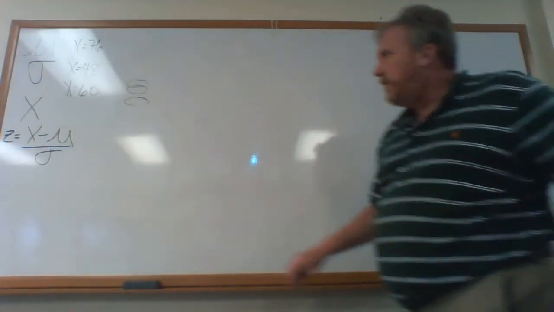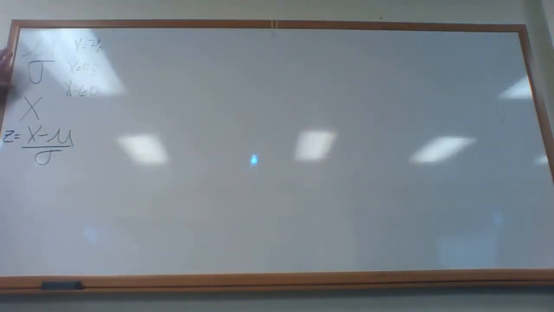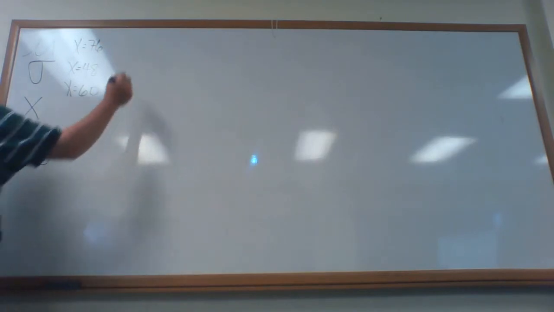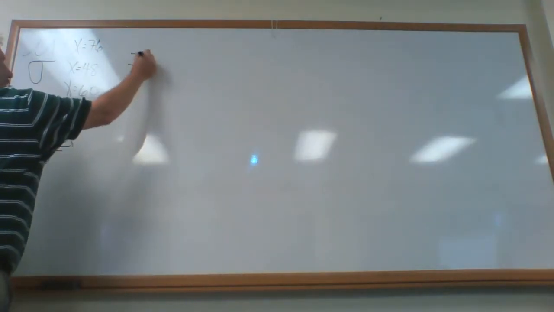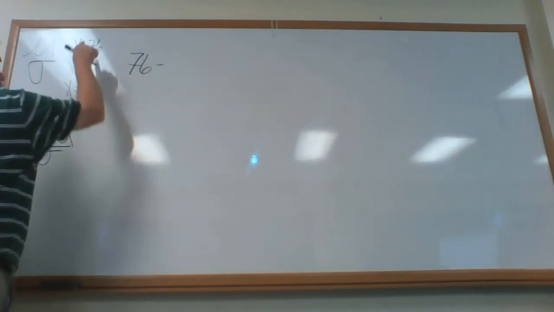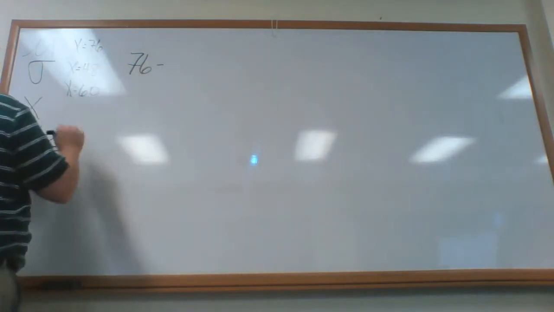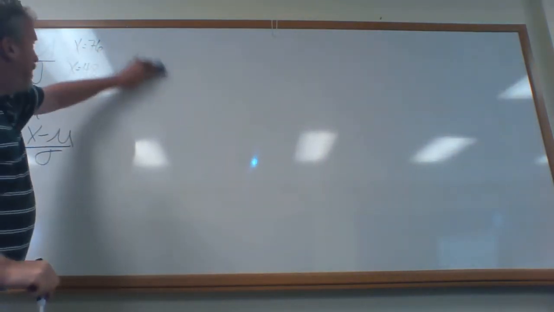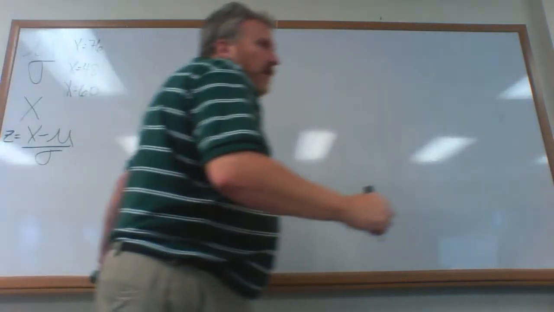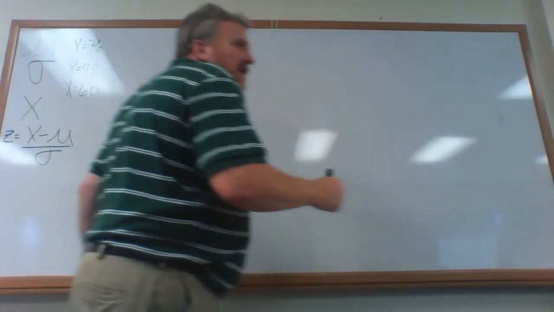So for this problem, all we're doing is putting x in this part of the formula. So for the first one, it would be 76 minus, the first one, what did we say the scores were? Got it around here. Oh, yeah, 76, 48, and 86.